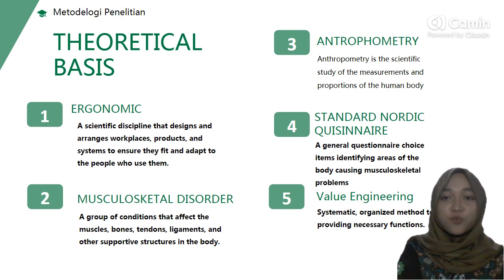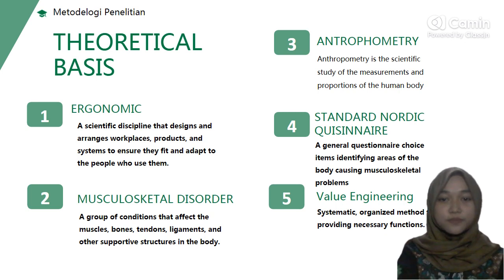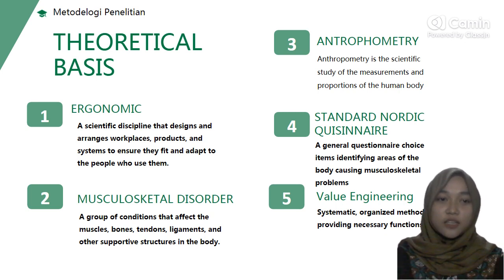Next is anthropometry. Anthropometry is a scientific study of the measurement and proportions of the human body. Anthropometry also plays an important role in designing a product, especially if the product is meant to be more ergonomic. And then the SNQ, or Standard Nordic Questionnaire.